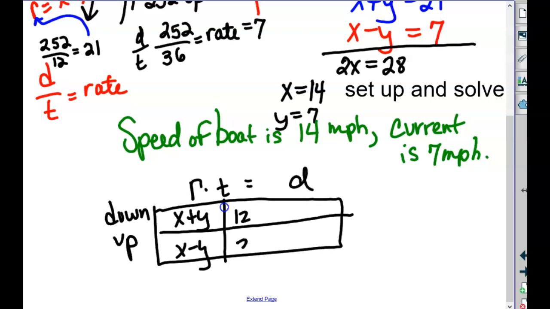This was 12 and 36 and this was 252 and 252. And then you would have had to multiply these together, x plus y times 12, and x minus y times 36, and set them equal. Okay? Just giving you some options. We just divided first, so we didn't have to deal with those big numbers. All right.